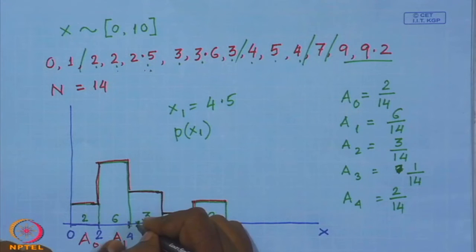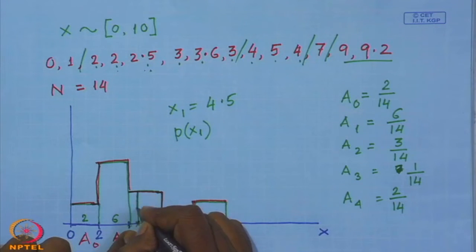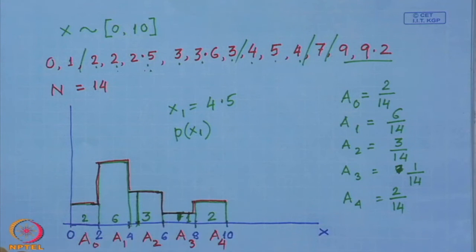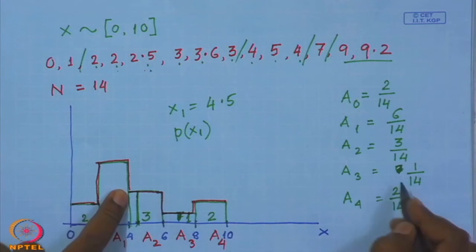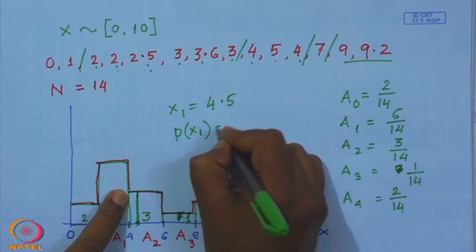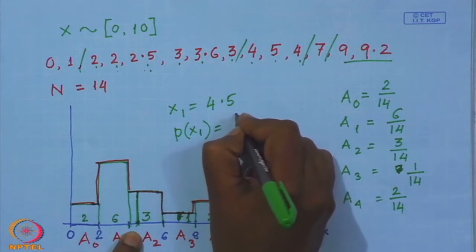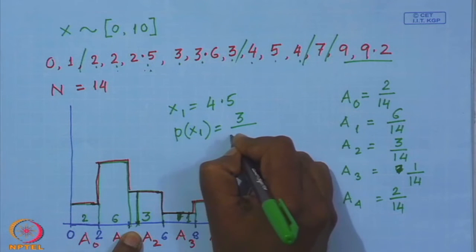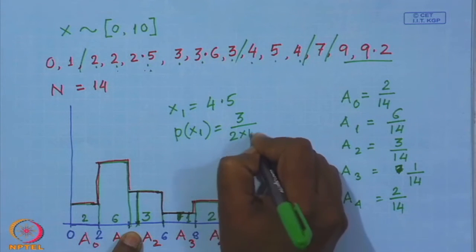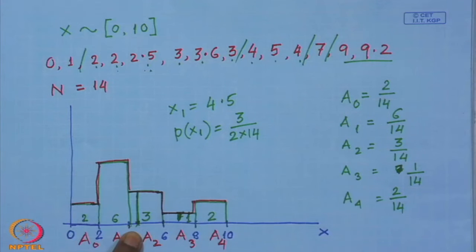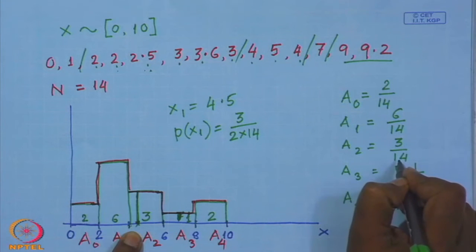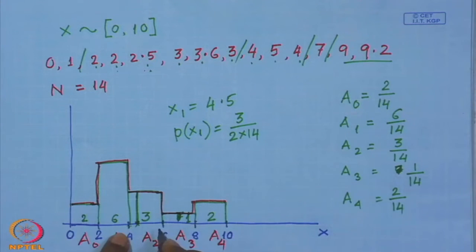So, the probability of this x 1 is given by the height of this, which is nothing but 3 by 2 into 14. Okay. This area is 3 by 14. I have to divide this by 2 because the width is 2.